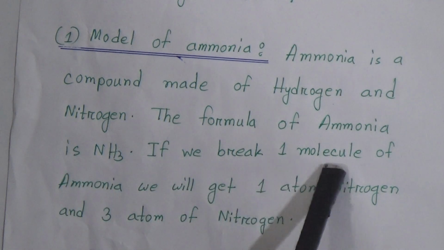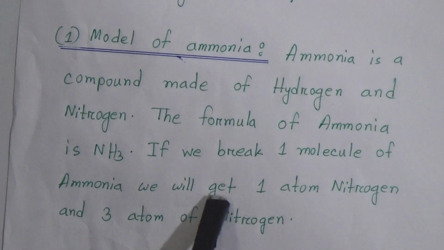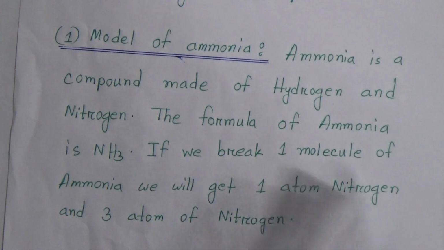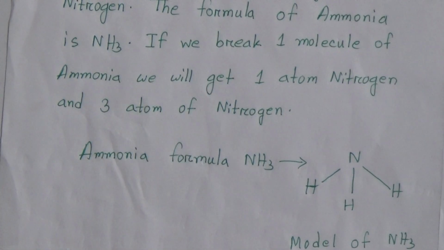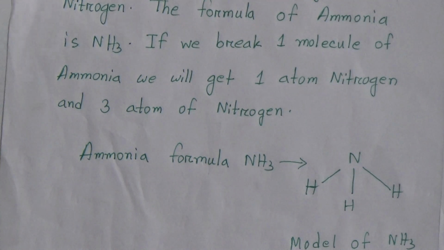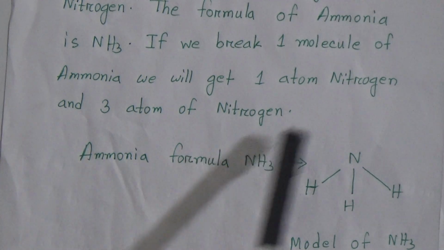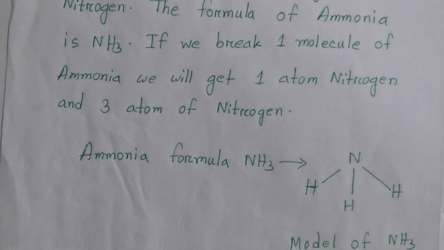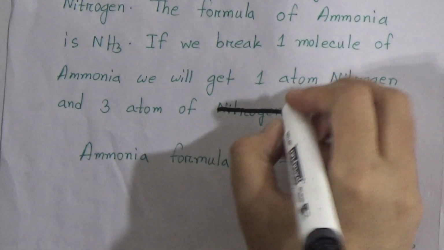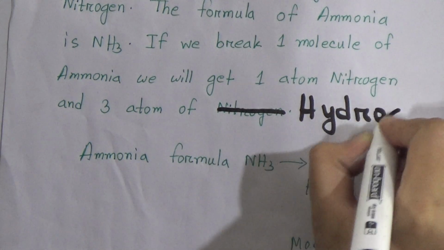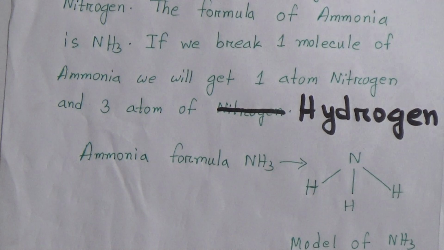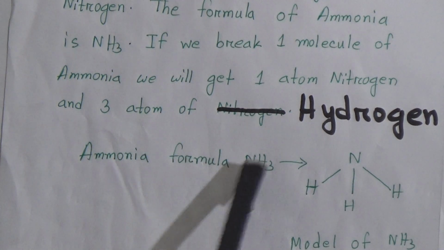If we break 1 molecule of ammonia, we will get 1 atom of nitrogen and 3 atoms of hydrogen. Sorry for my mistake, here is the correction. And here is the ammonia formula NH3.